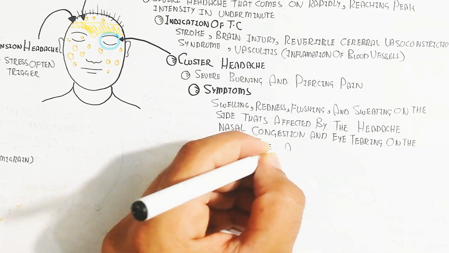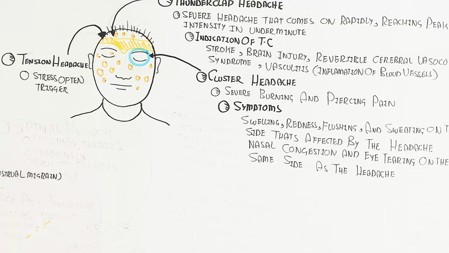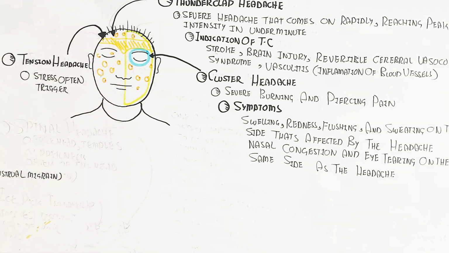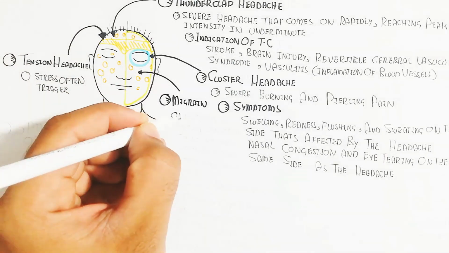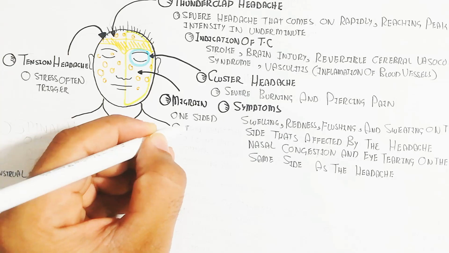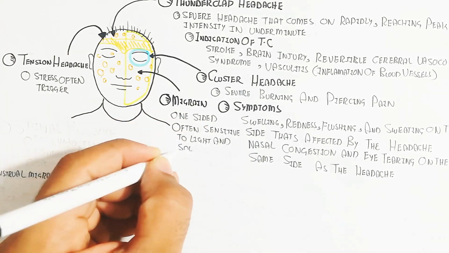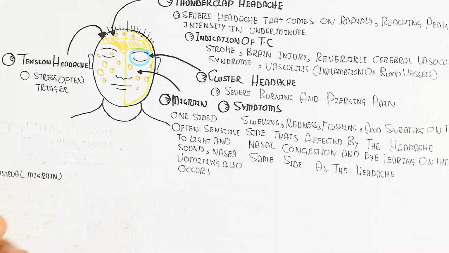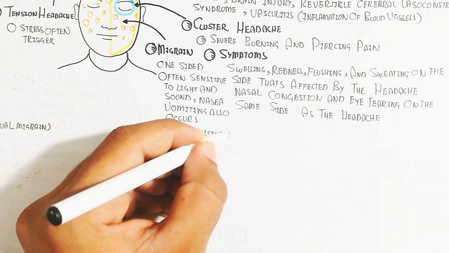Let's understand about the migraine. What is the migraine? It is very important to understand because one side of the head will be affected by pain, and one side is sensitive to light and sound. Nausea and vomiting also occur, and visual disturbance, and that is why one side is involved due to tension, and it is also due to depression and a lot more things.